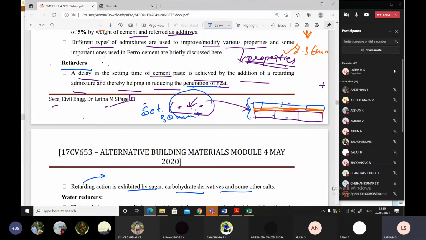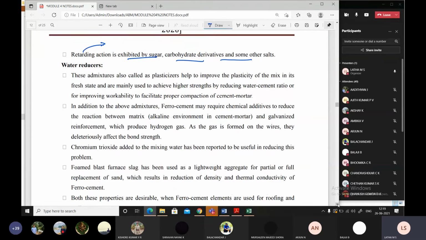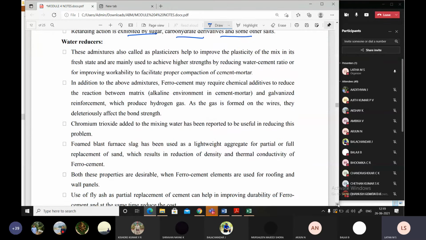Now coming to the water reducers. What will these water reducers do? It's the same property; by the name only, it reduces water. For example, you add water to the mortar excessively.